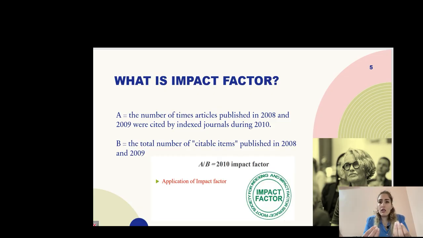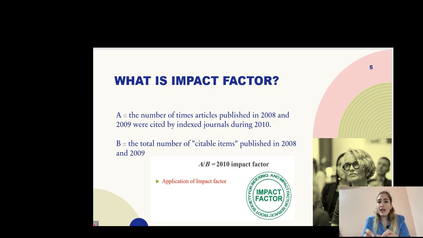So how is the impact factor calculated? A is the number of times articles published in 2 years are cited by other journals, and B is the number of all papers or citable items published in those 2 years.